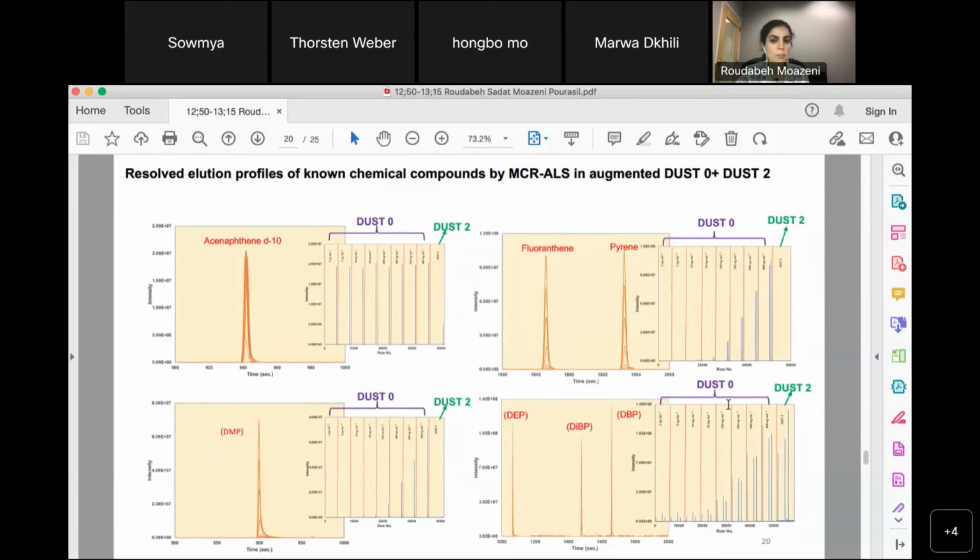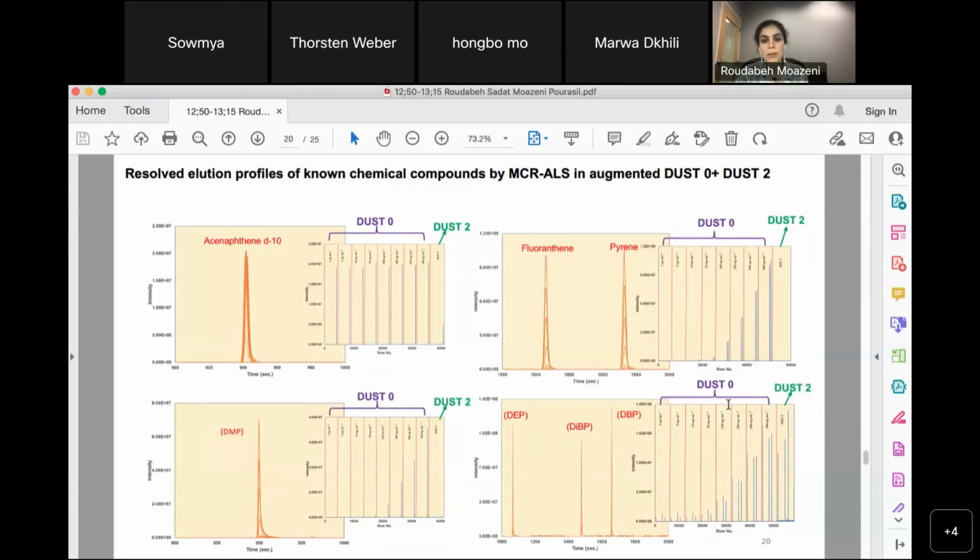It comes from matrix effect, and as you see, the concentration of DMP as one chemical compound in the elution profile in dust 2 was very low, and these two chemical compounds on the upper right-hand side don't exist in dust 2, and the zone of dust 2 is empty.